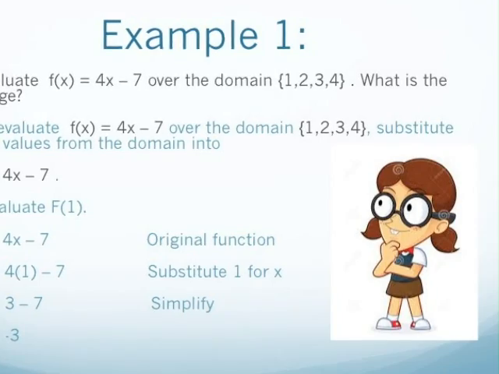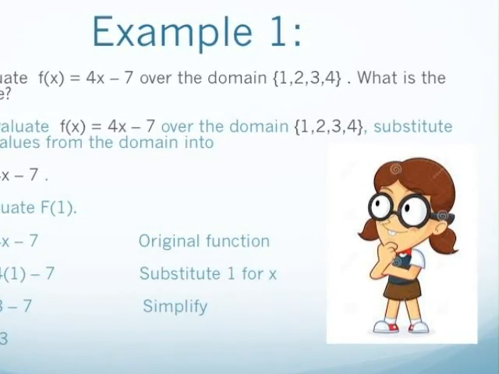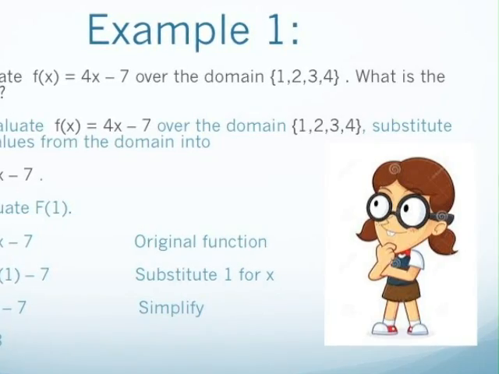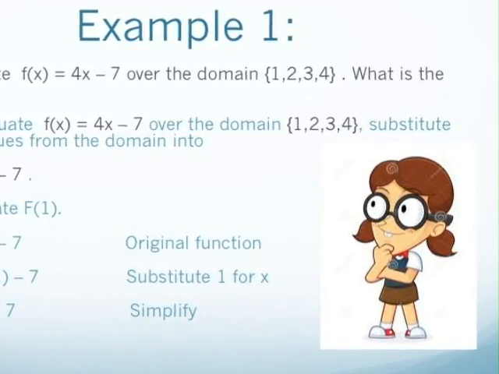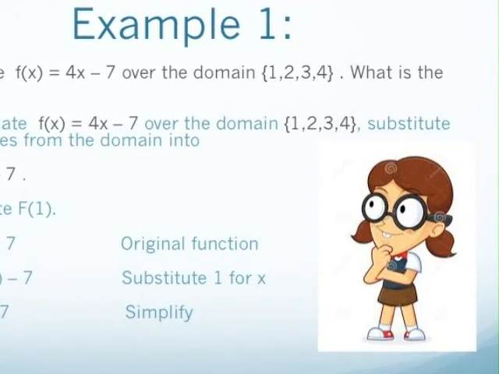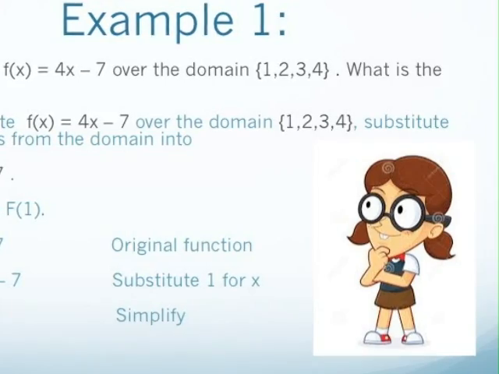So we evaluate f of 1, and by substituting, we get f of 1 equals 4 times 1 minus 7. Then f of 1 equals negative 3.